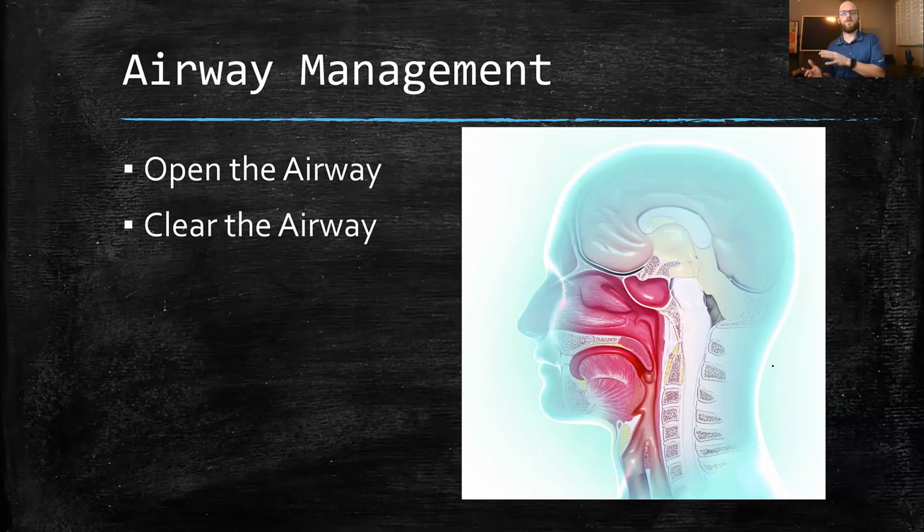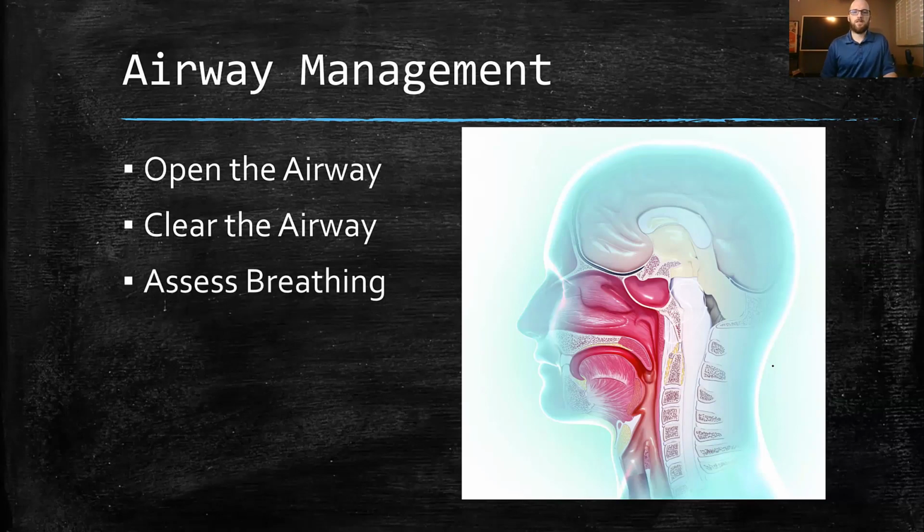And we'll talk through how some of this stuff gets worded in test questions and National Registry questions. So we have to open up the airway, and when we open it up, we're going to take a look inside and make the decision on any sort of clearing of the airway. Is there anything that indicates to us the need for suctioning? That's really where we're going with clearing the airway.